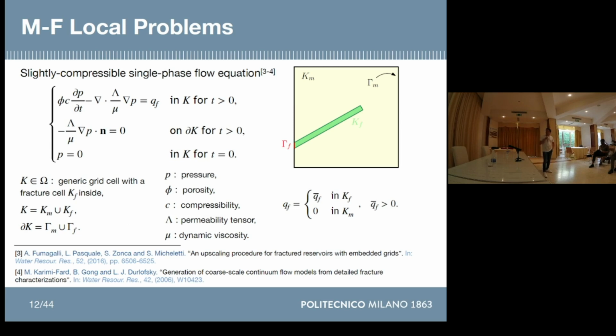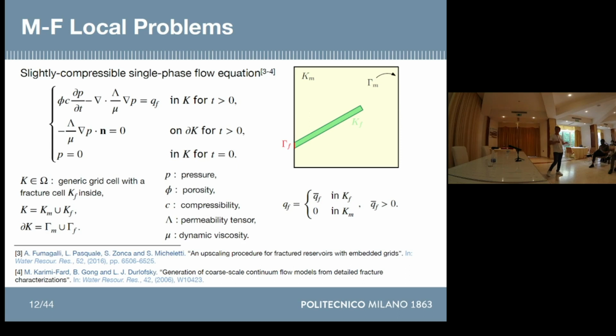Here in particular we consider impermeable systems, so the boundary has no-flow conditions, and we have a constant source term which is strictly positive only inside the fracture, inside the green portion.